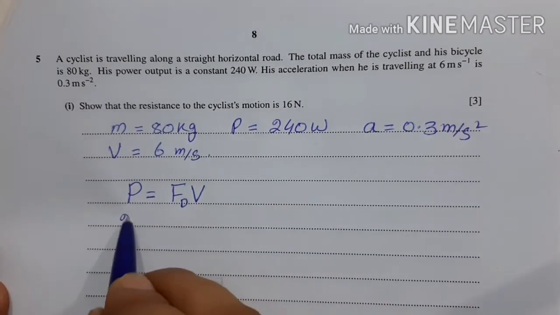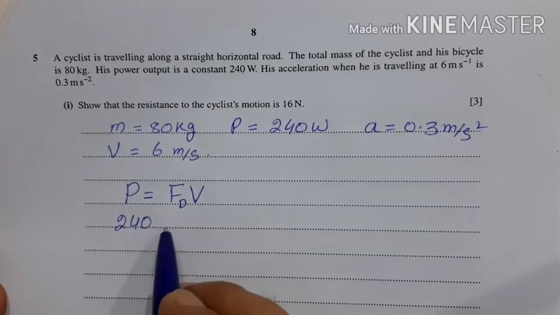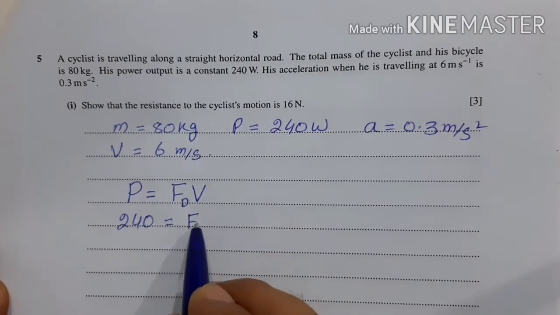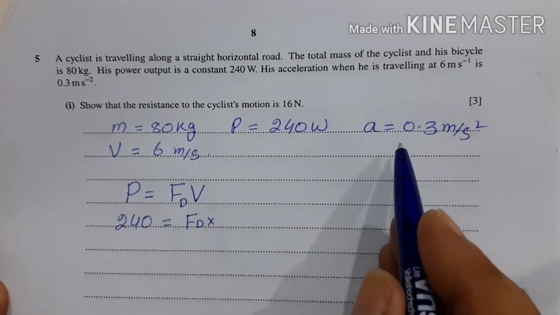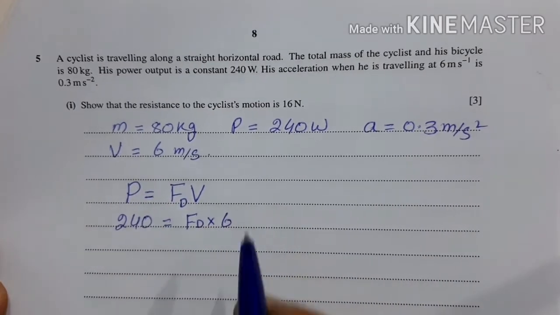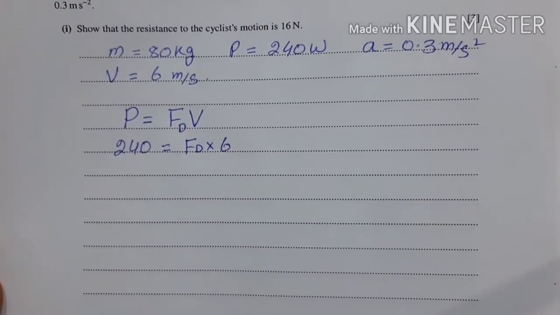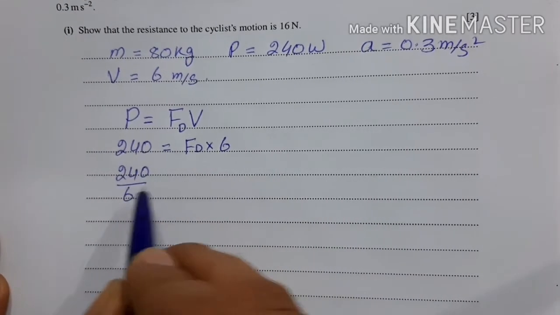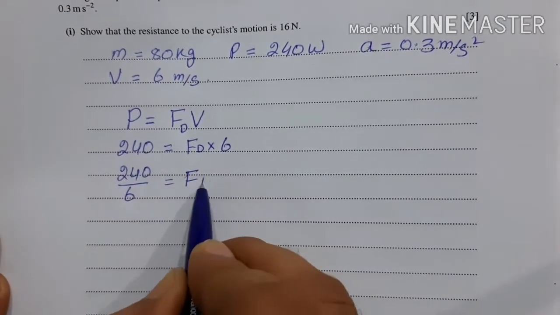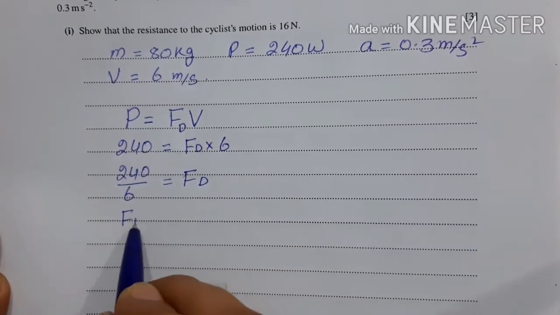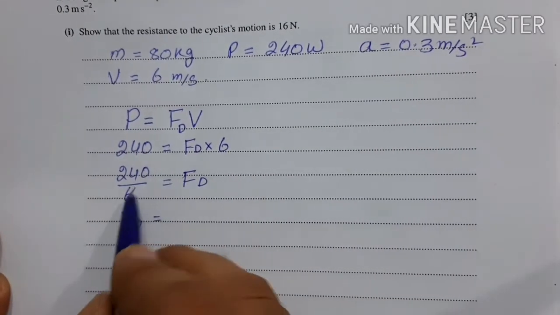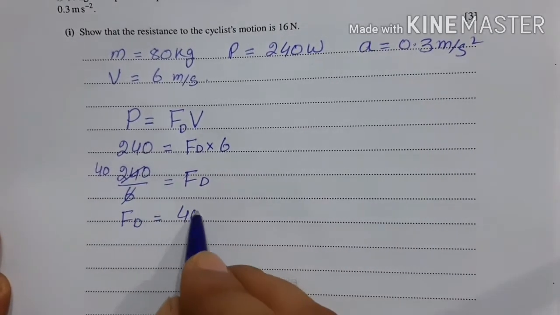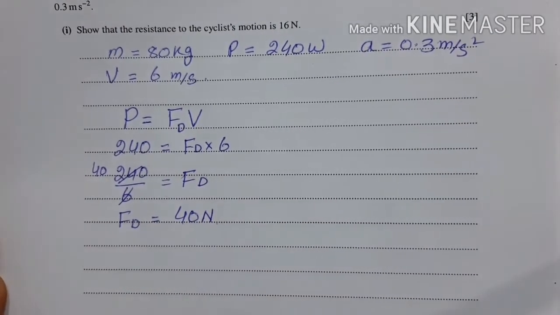Power is 240 is equal to driving force, which we need to find, times velocity, 6 meters per second. Now this becomes 240 over 6 is equal to Fd, so Fd is 40 newtons.